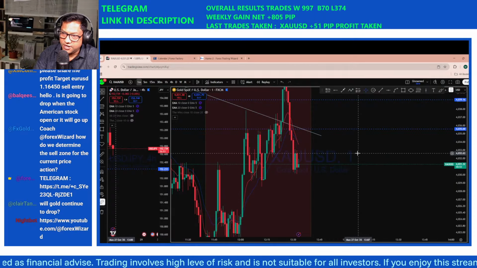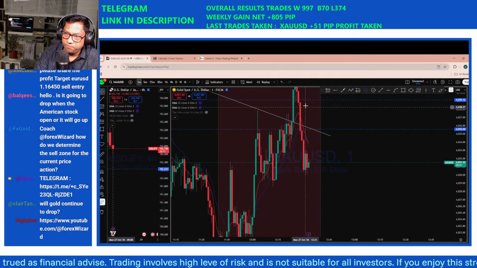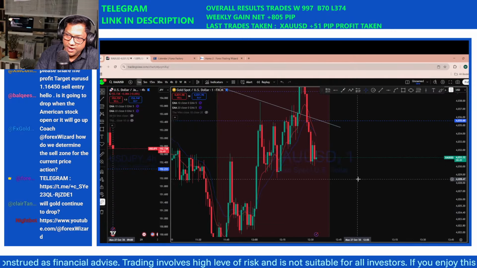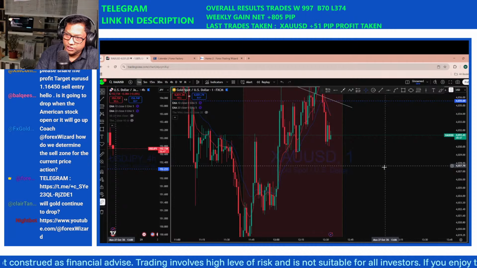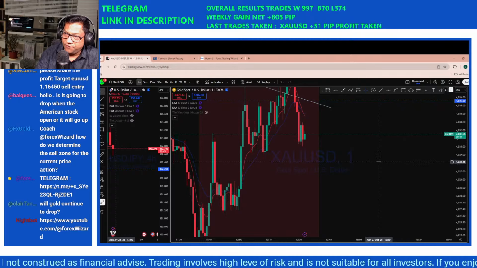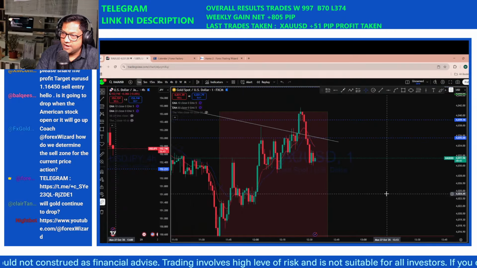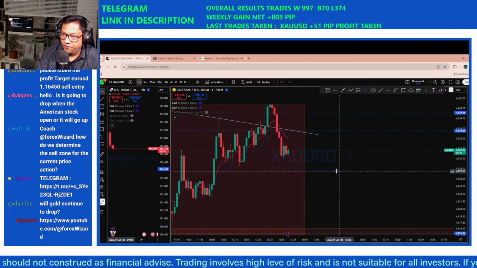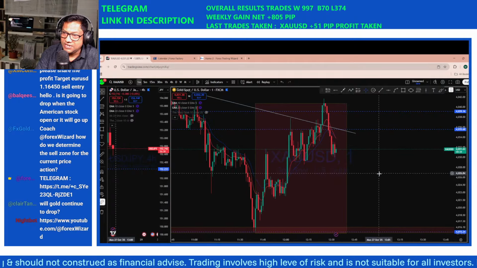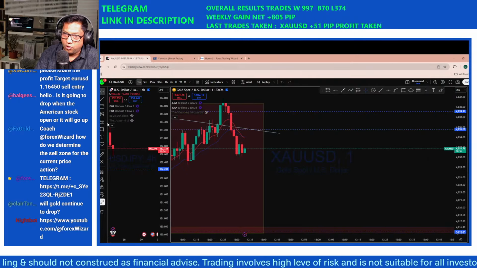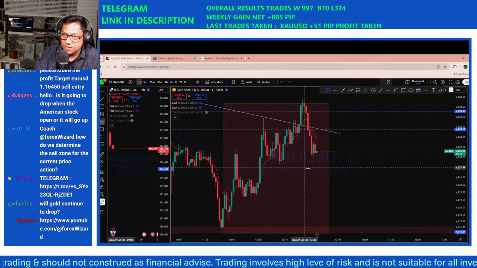So here the market structure now is, we saw there was a break below and the price is in a consolidation here. I would like to see there is a fair value gap and would like to enter from this fair value gap. We'll be placing a pending order here for a sell stop in that market.